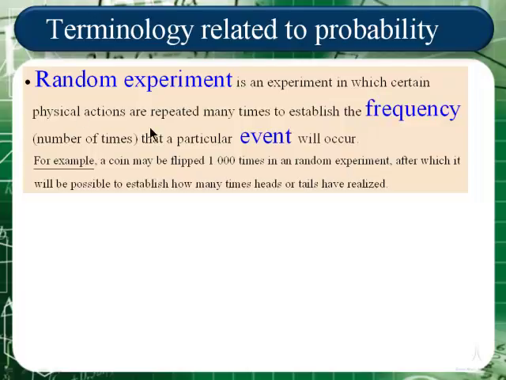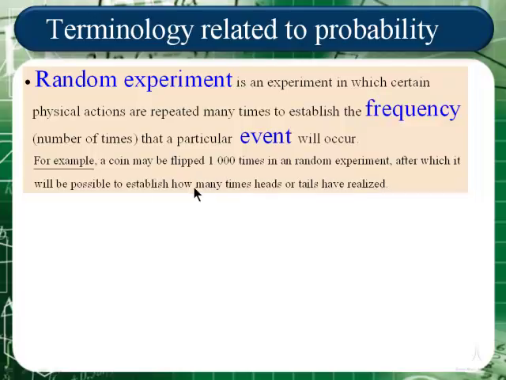So the physical action here is the flipping of the coin, after which it will be possible to establish how many times heads and how many times tails have realized.